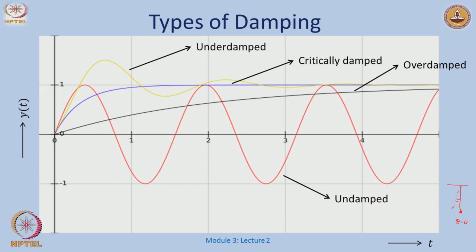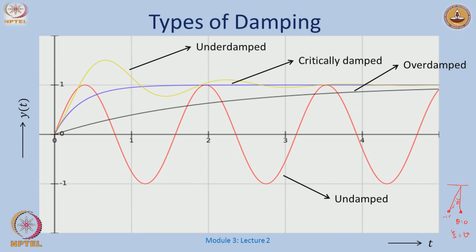If the system is not subject to any sort of friction, either here or in the air, what we expect is that it just keeps oscillating. You go from minus 15 to plus 15 and just keep on doing this. This corresponds to the behavior when zeta is 0, and I will explain this mathematically very shortly.